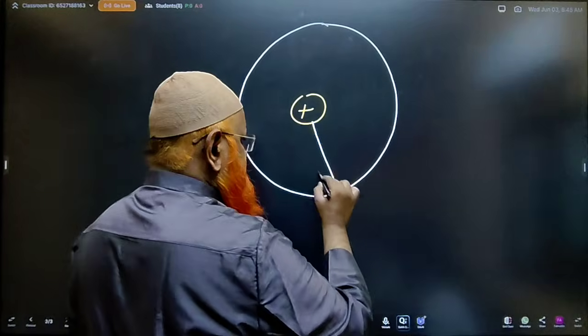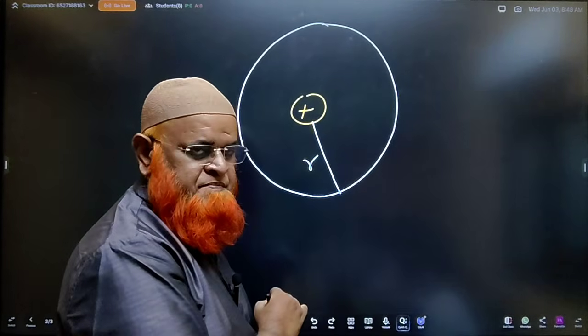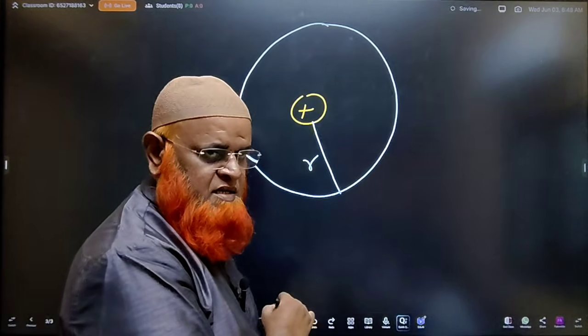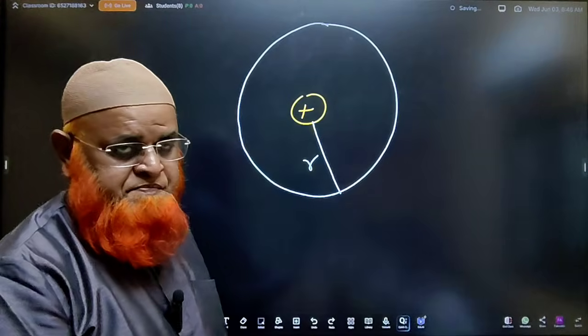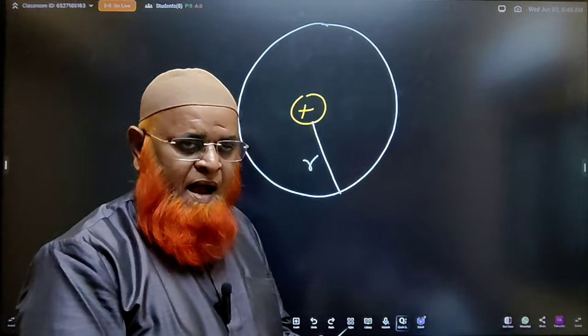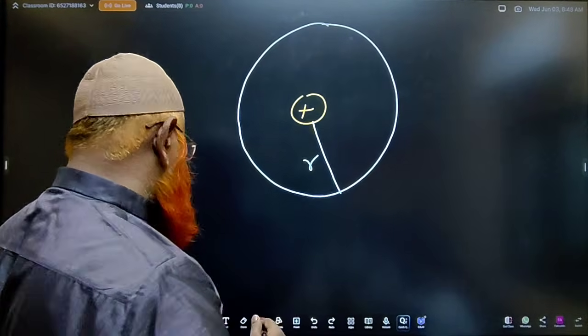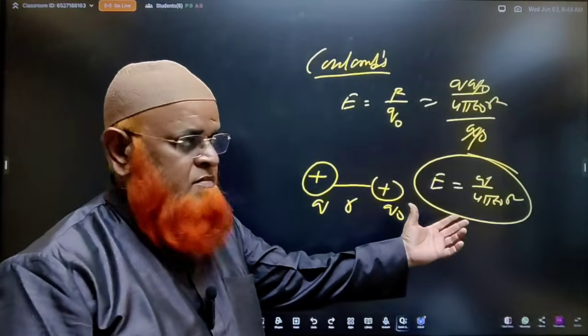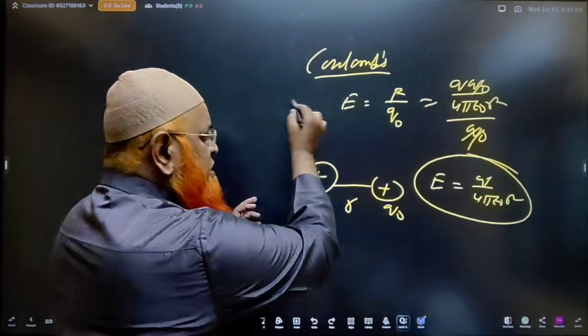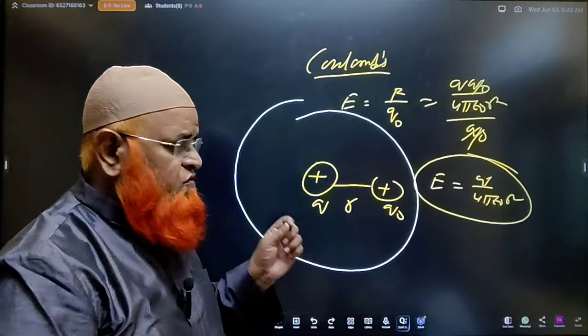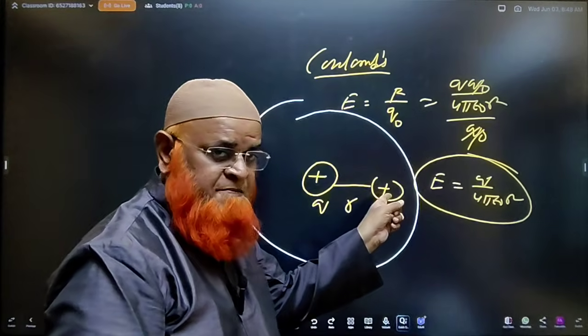Now, this is going to be the radius. So I apply Coulomb's law here, and I get the formula which I derived just now. There was one charge, surrounding that charge there was a field, and you want to find the electric field intensity at a point.